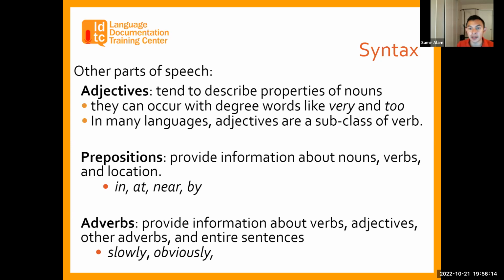One thing to note, again, is that prepositions will be different from language to language. Some languages have prepositions that come before the noun, like in the house. Some languages have postpositions that come after a word. So in Bangla or Bengali, which I speak, to literally translate in the house, you would say house, the, in.